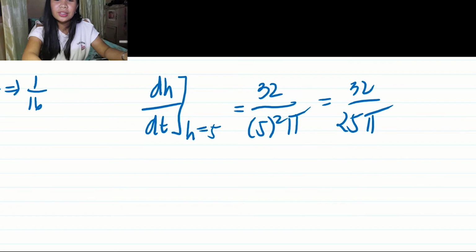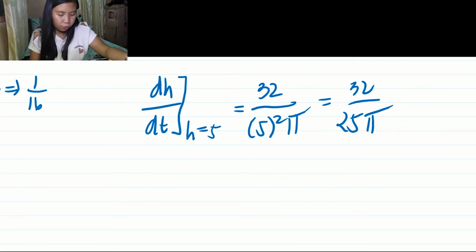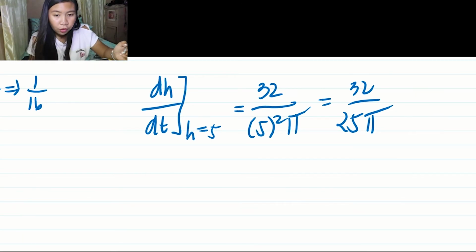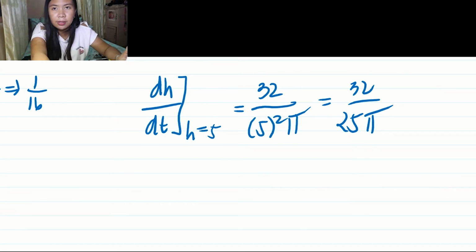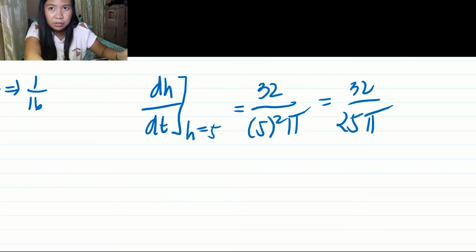Therefore, the water level is rising at the rate of 32 over 25 pi centimeters per second when the water is 5 centimeters deep.